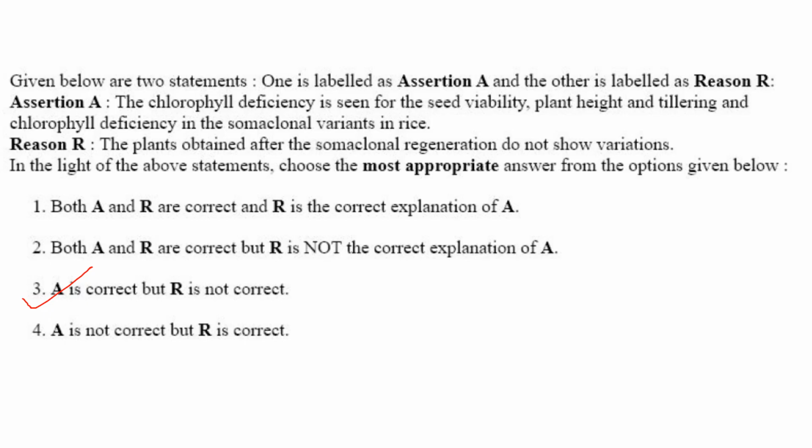So these variations result in changed morphology, altered biochemistry, anatomy, and these somaclonal variations can be due to genetic mutation, epigenetic changes, chromosomal rearrangements, deletions, etc. So plants obtained after somaclonal regeneration do show variations. So A is correct but R is not correct. Answer is option 3.